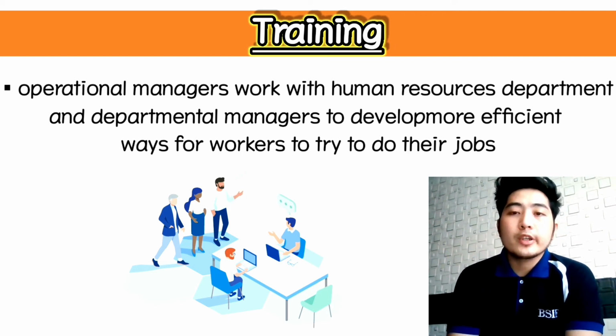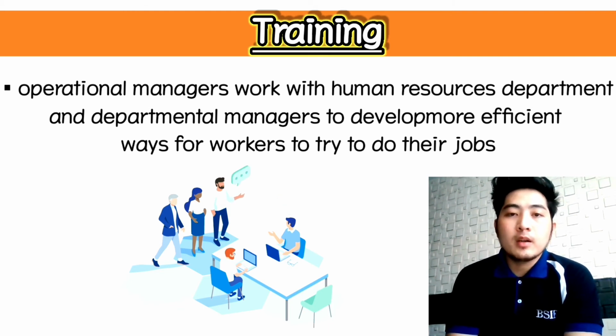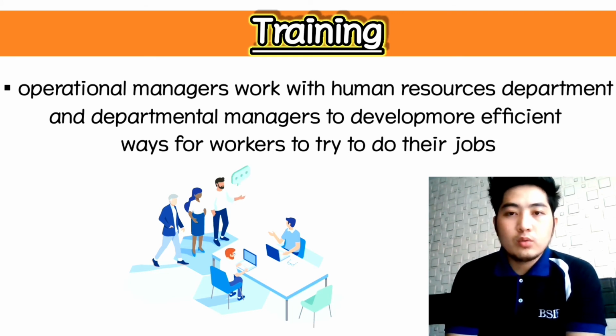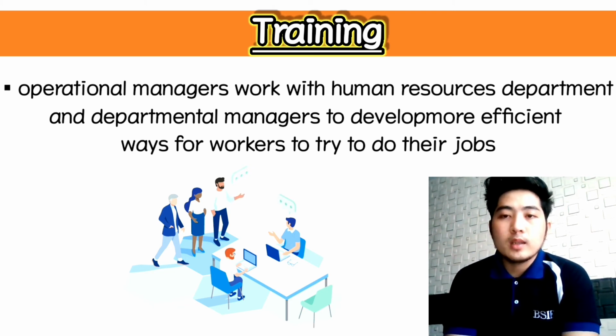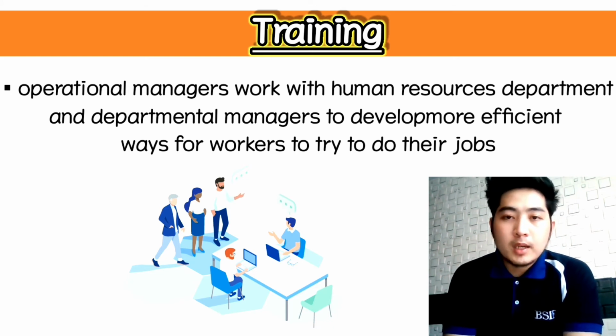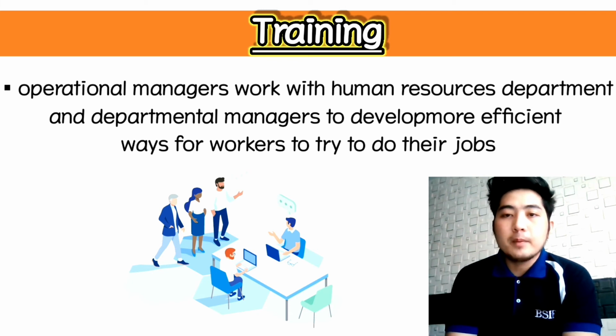Operational managers work with the human resources department and departmental managers to develop more efficient ways for workers to do their jobs. Analyzing work functions is one of the various tasks that an operation manager performs day by day.